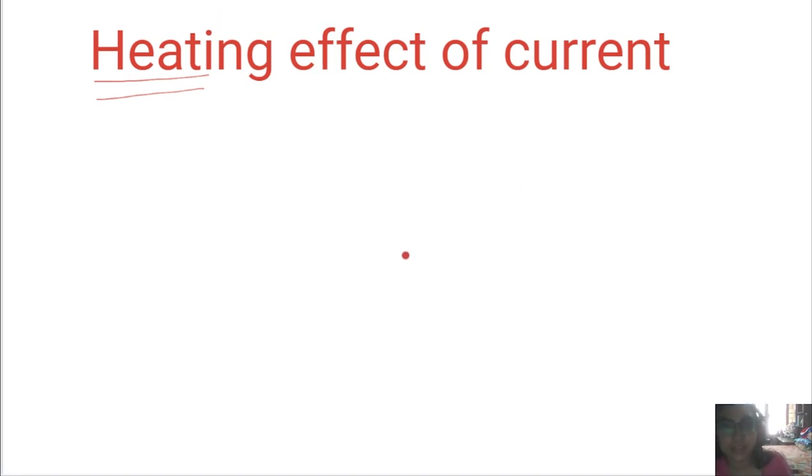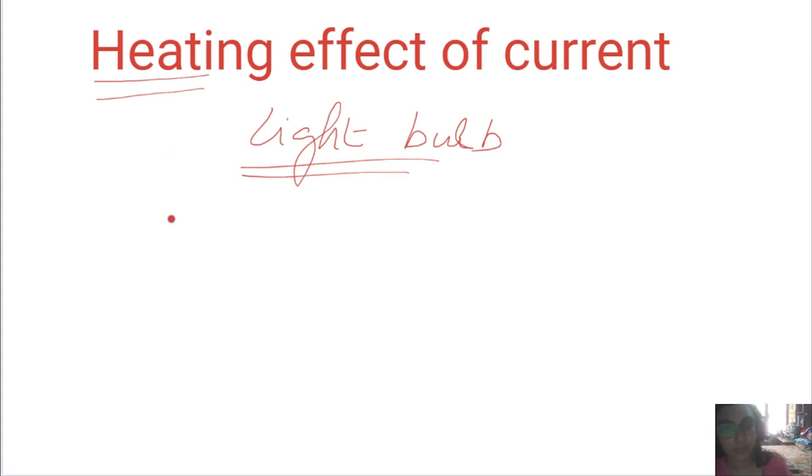So sometimes it does happen that all the electrical energy does not convert totally into the other form of energy. For example, take a light bulb. In a light bulb, electrical energy is getting converted into light energy, right?